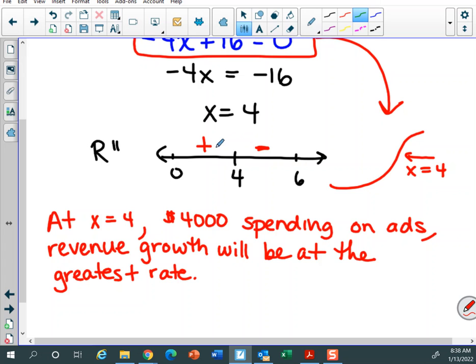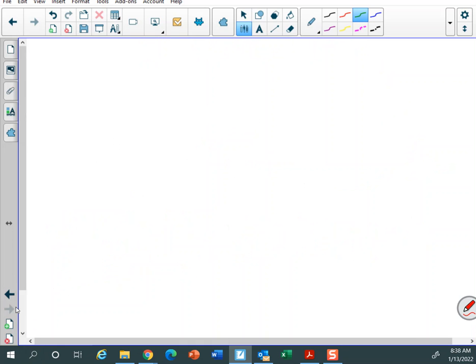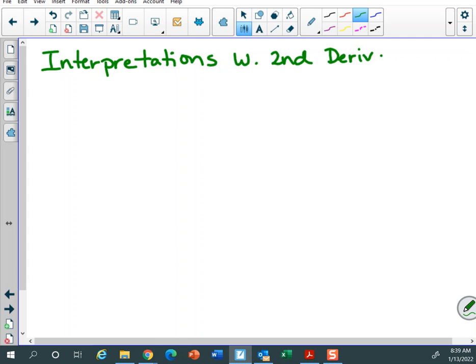So not necessarily what happens at one specific point, but what little pieces of the curve are like and what they represent. And so that's what we're going to look at today, to talk a little bit more generically about how to do an interpretation of a function using a second derivative.